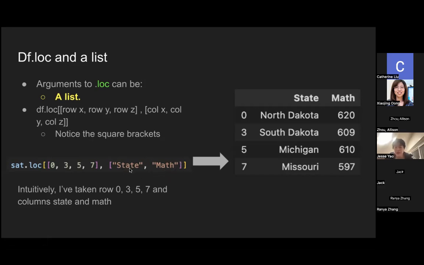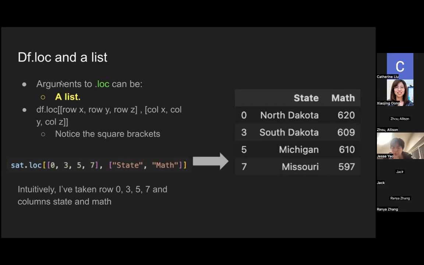These are just Python lists, not fancy series or anything. So what this outputs is the rows and columns I selected, exactly as intended: 0, 3, 5, 7, and then the state and math columns. Notice that these are strings. These are column names. This will become relevant soon.